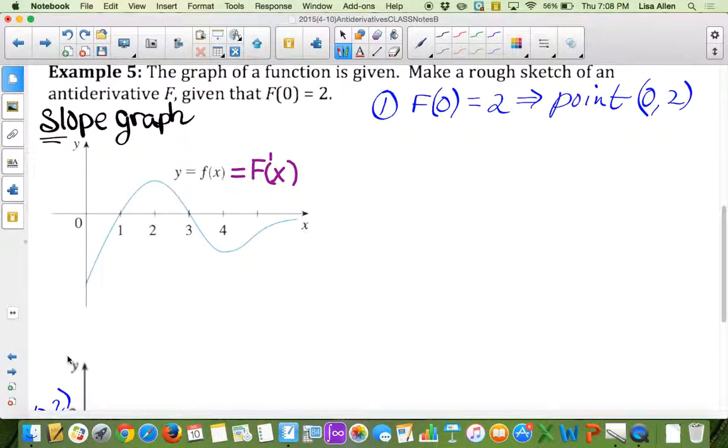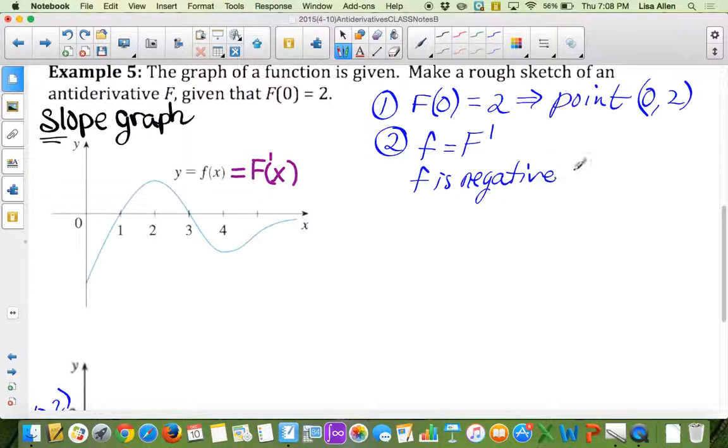Okay, now the second thing is I'm going to have to recognize and get really tight with this fact that f is equal to capital F prime. If f is negative, so is capital F prime.